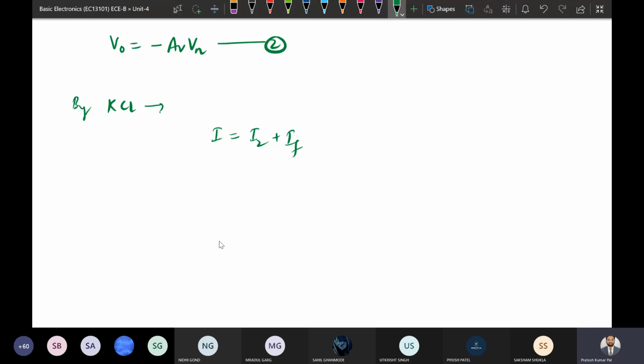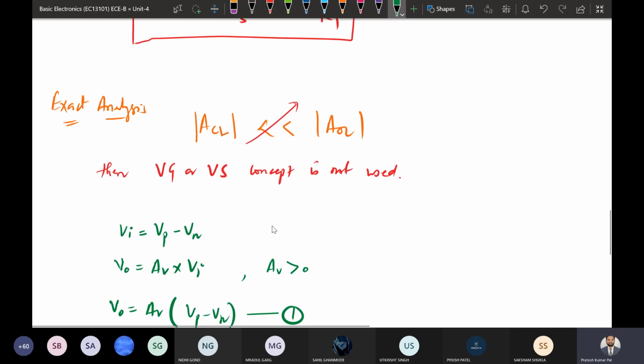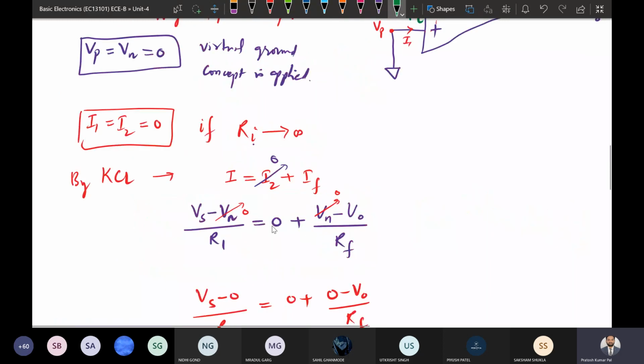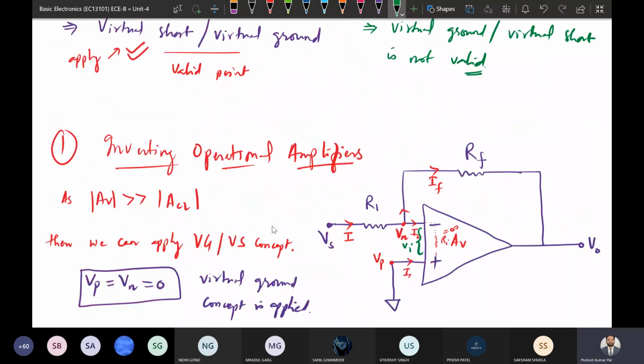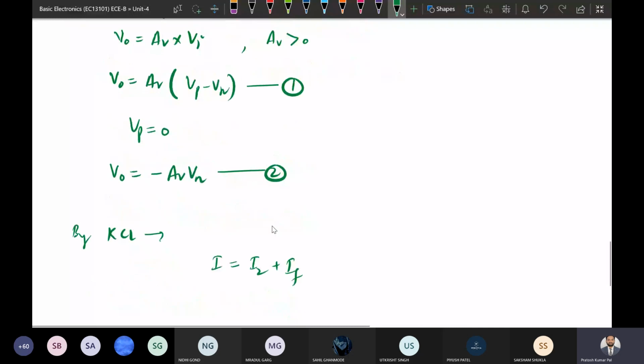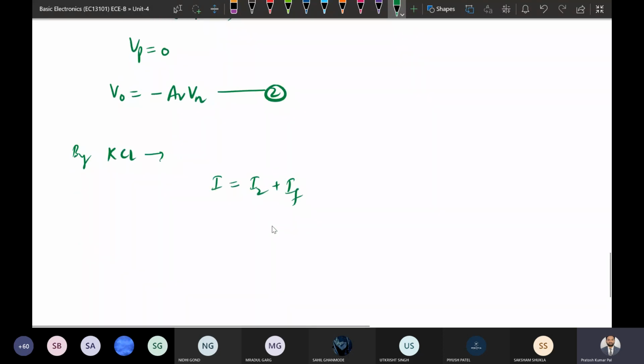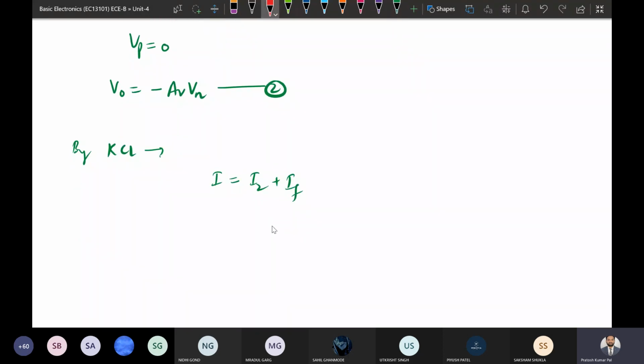Even in the practical case, the current inside the operational amplifier, I1 and I2, will always be 0. This is because the input resistance of an operational amplifier is very high, so I1 and I2 will be 0.